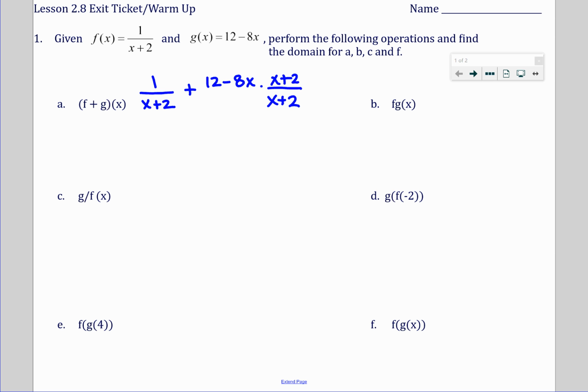So my first fraction stays the same. My second fraction will now have a denominator of x plus 2. And in the numerator, you're going to need to FOIL those together. You should have, from your first terms, a 12x, your outside terms, a 24, your inside terms, negative 8x squared, and then your last terms, negative 16x.